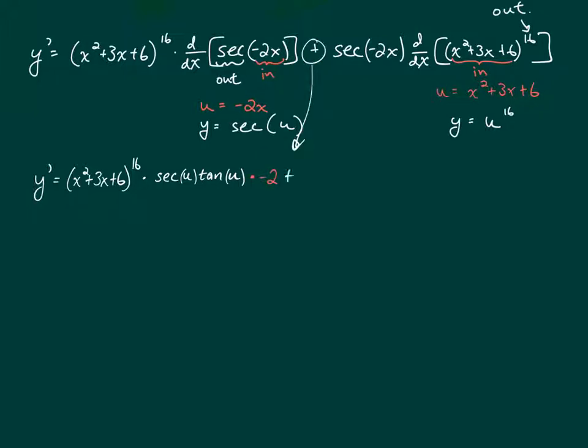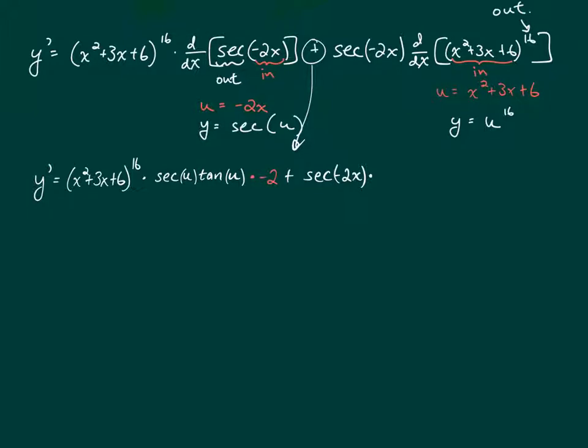Plus, we will have secant of negative 2x times, we have to use the chain rule for this derivative now. So the derivative of y with respect to u over here is u to the 15th power.